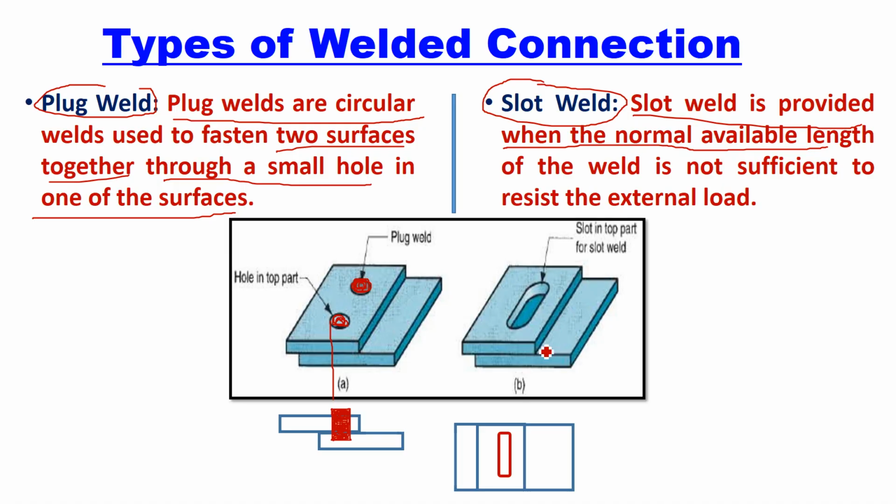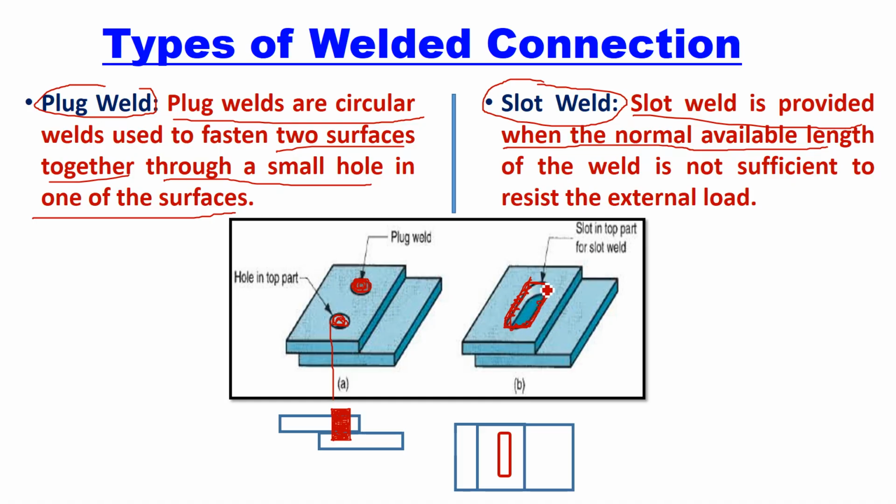So slot weld means two plates are kept on each other and then one square shape of slot or portion is removed from the top plate. This one slot is provided, and then welding is done on all four edges of the square.